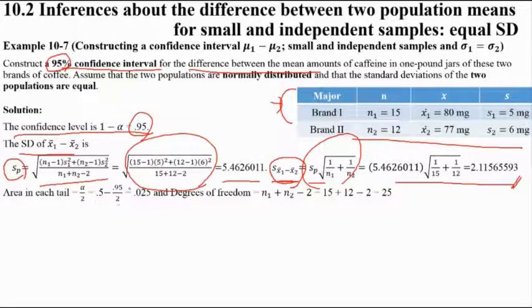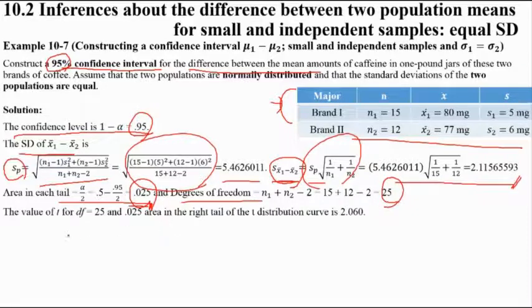Alright, so the tail area: 95% divided between the two tails, and the degrees of freedom is 25. We look at the t distribution table and get the t value at 25 degrees of freedom and 0.025 area in the right tail. So the t value is 2.060 from the table.